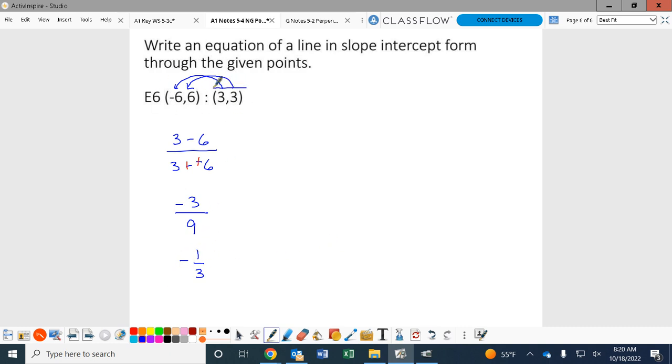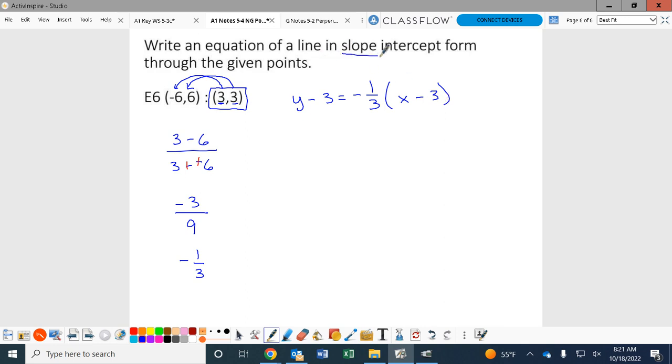I'm going to use the second one this time just to show you it makes absolutely no difference which point you use. We're going to write it in point slope form because we got a point and a slope, which is going to make it y minus 3 equals negative 1/3 times x. Again, this is your x, this is your y, so this is the x, so it would be minus 3.